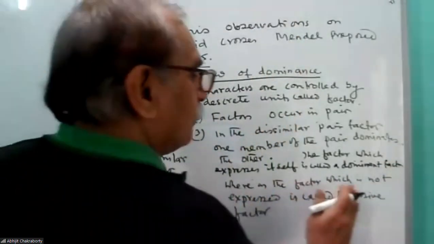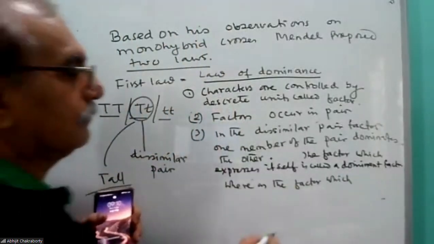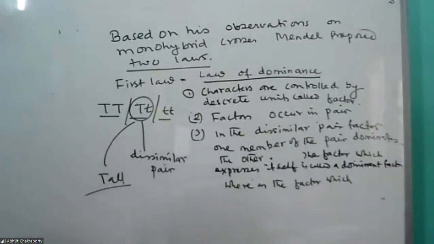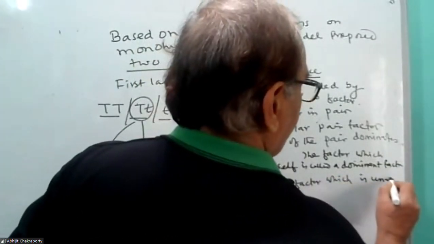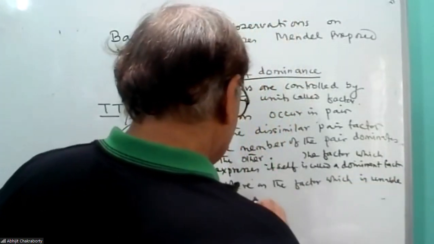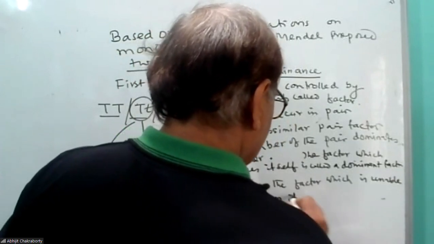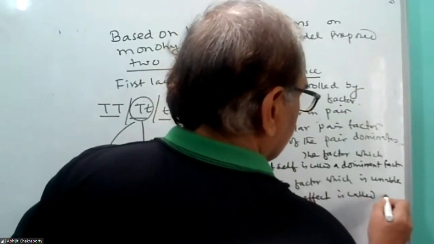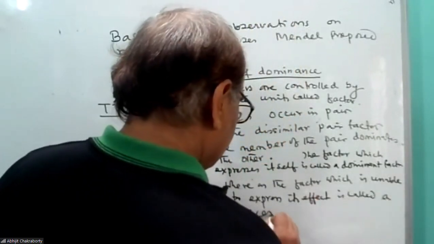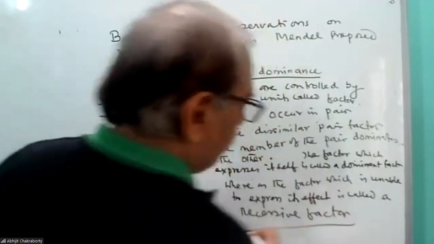And the factor which is unable to express itself is called a recessive factor. Same thing, define and write it.